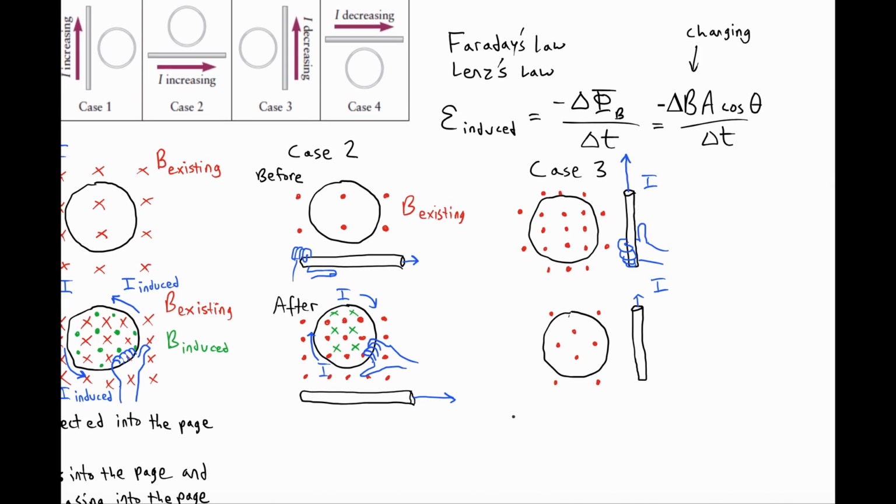So let's write down that the magnetic flux that's existing is flowing out of the page.